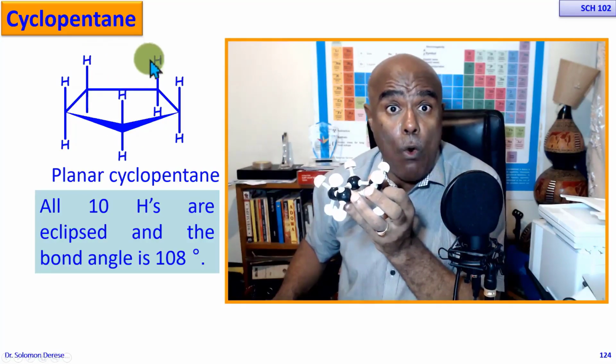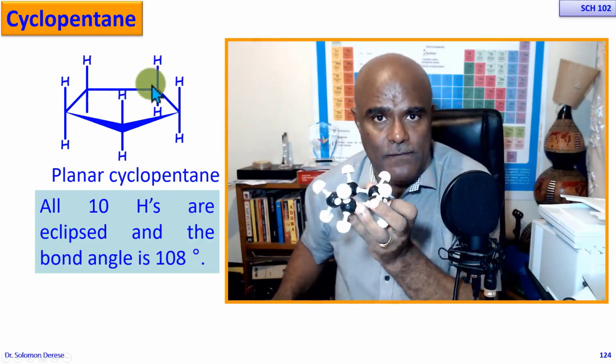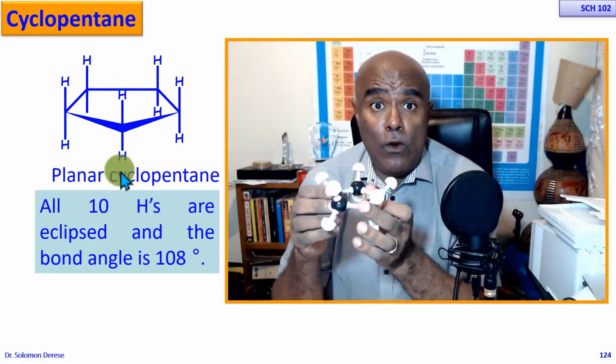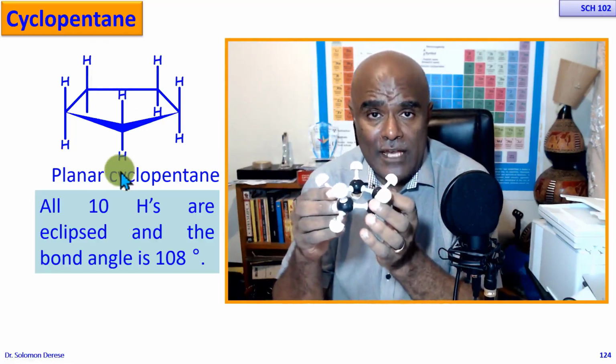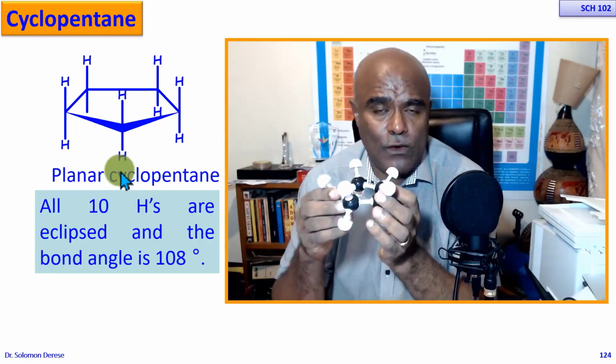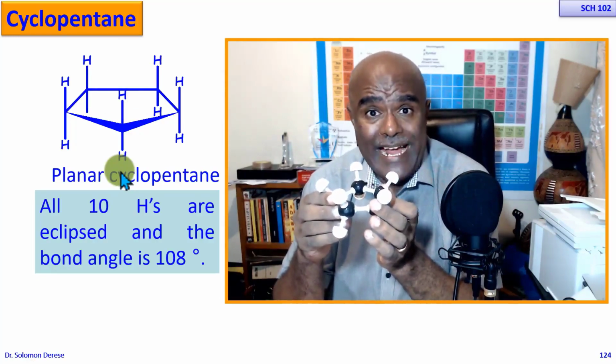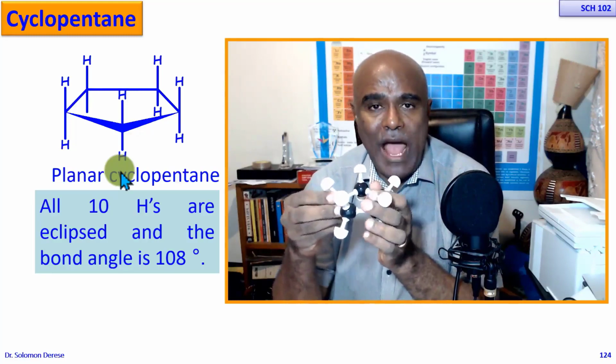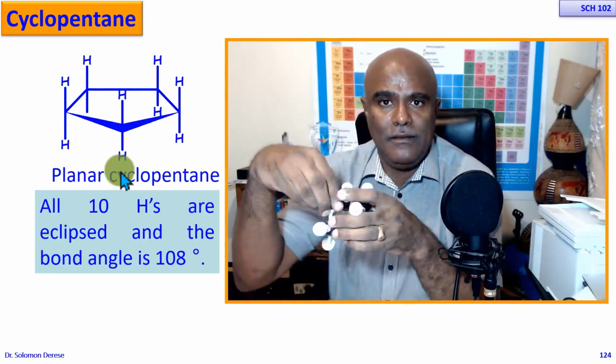So, in order to relieve the torsional strain, cyclopentane can adopt a puckered conformation where one of the carbons comes out of plane like this.